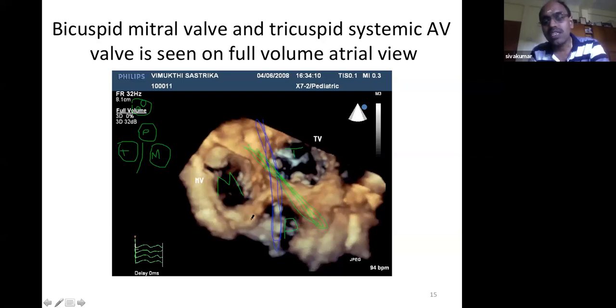So the ventricular septum is in such a way that the mitral inflow and the pulmonary outflow are on the same side. The atrial septum is in such a way that the left atrium and right atrium are on either side. So this is what is called the malalignment between the atrial septum and the ventricular septum.